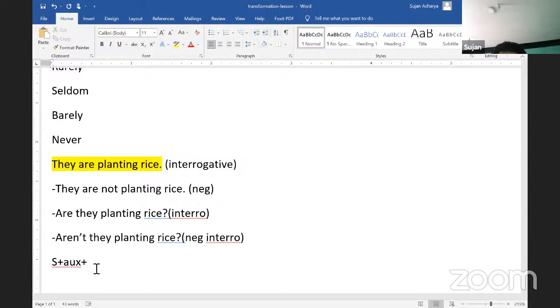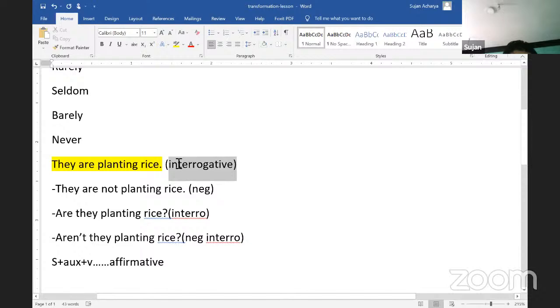Subject plus auxiliary verb plus verb is affirmative. They are planting rice. Affirmative.